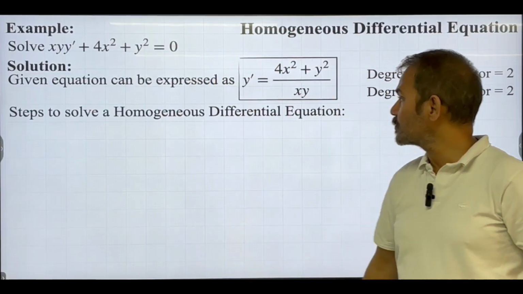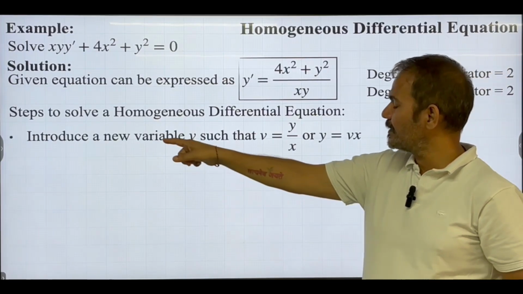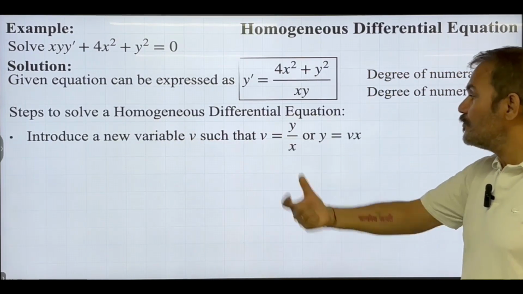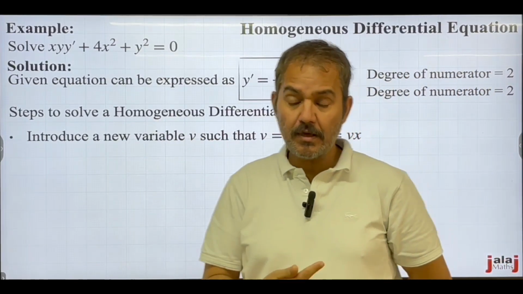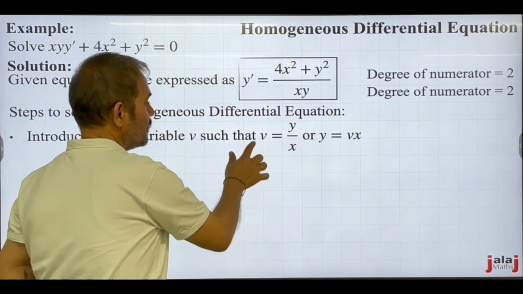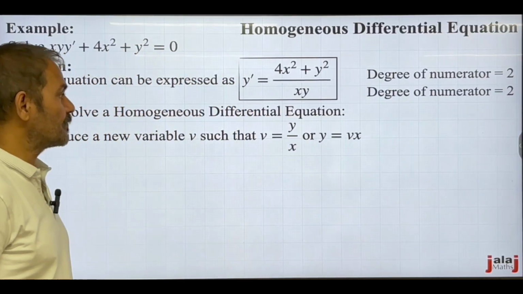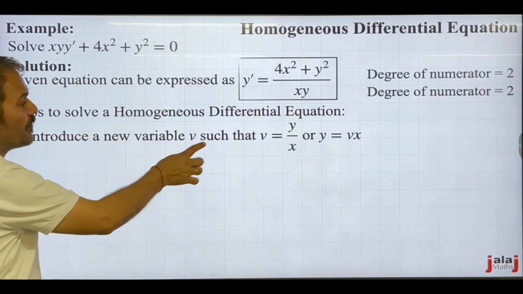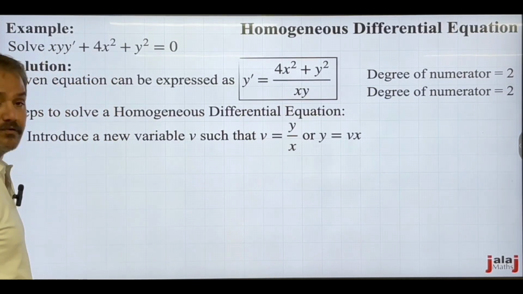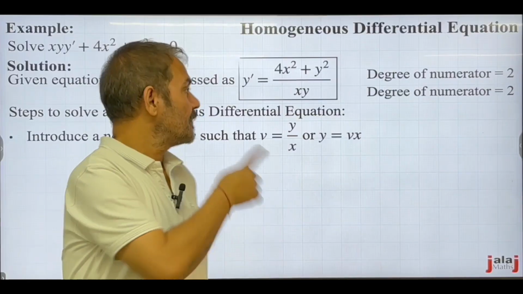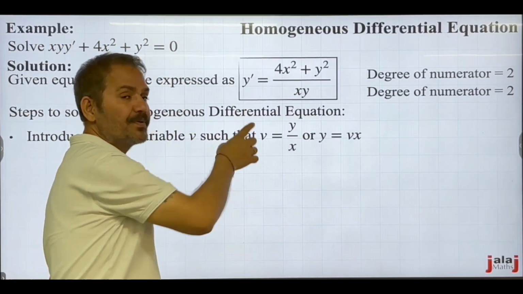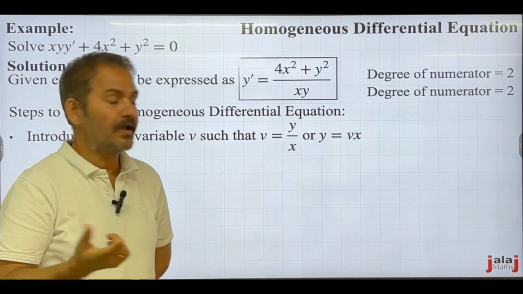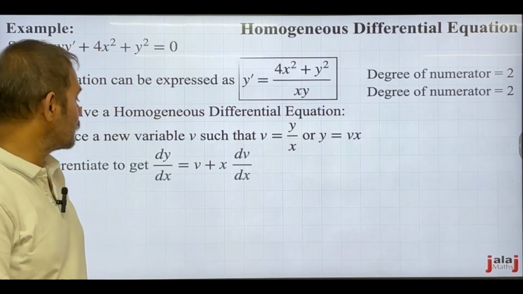So the steps to solve a homogeneous differential equation: we introduce a new variable v in the equation such that v is equal to y upon x, or y is equal to vx. Second, we rewrite this equation in terms of x and v. Now remember, you have y prime, the first derivative of y, so you need to differentiate this also.